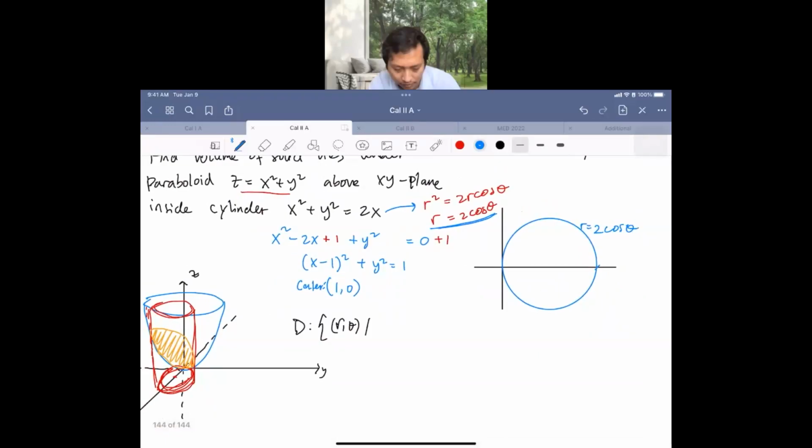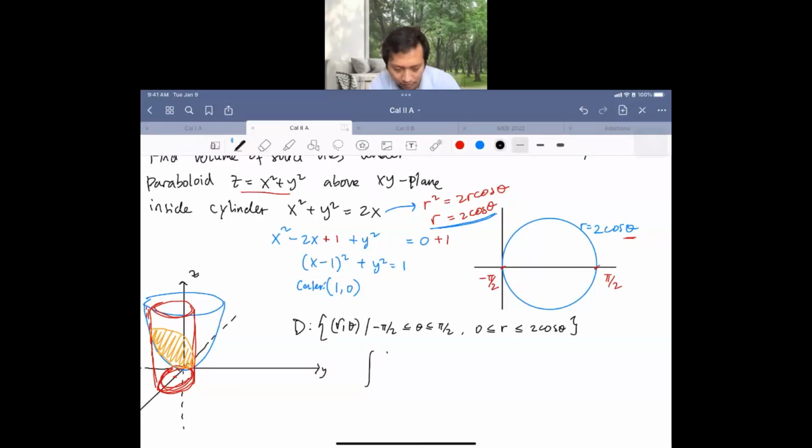Now we have, this is pi over 2 for cos theta, and this will be negative pi over 2. So we would have negative pi over 2 until pi over 2. And then r starts from 0 to 2 cosine theta.